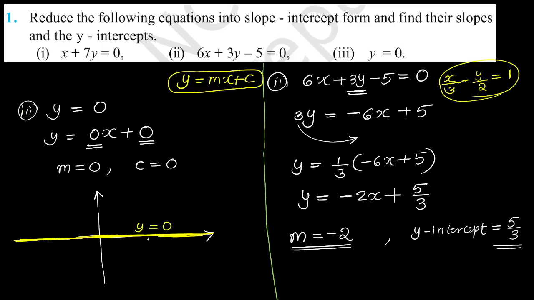Why does this line have the equation y equal to 0? Because if you take any point on this line, the y value will be 0. If you take any point on the line, the x value changes, but the y coordinate will be 0 for any point on the x-axis.